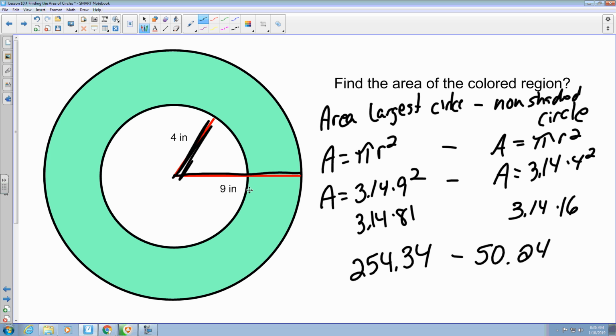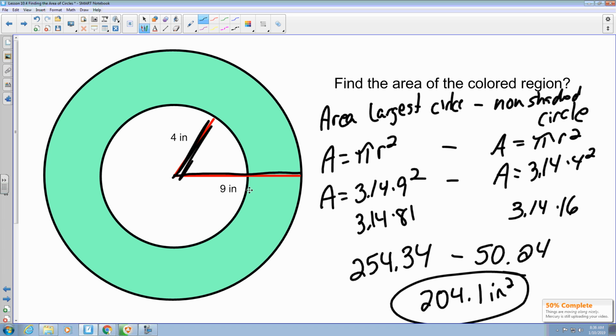So to figure out the value of the shaded region, I take the 254.34, which is the area of the entire object, subtracted by the non-shaded region, which is 50.24, and I get a result of 204.1 square inches for my shaded region.